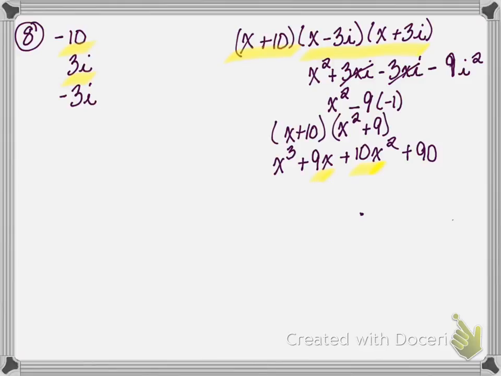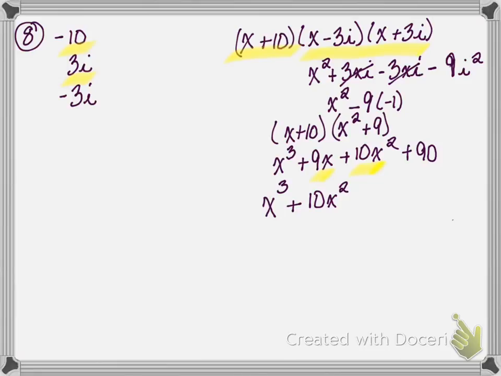It's not incorrect to have it written that way. It's just not how you typically see it. Typically you see it with the x to the third, and then your x's go in decreasing order. So I have x to the third, then I have 10x squared. x to the third has a degree of 3. 10x squared has a degree of 2.